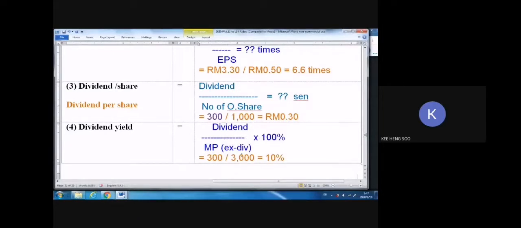So if I pay dividend 300, the market price of the shares should be $3. So dividend you pay 300 is 30 cents. So that is how you get 10%.